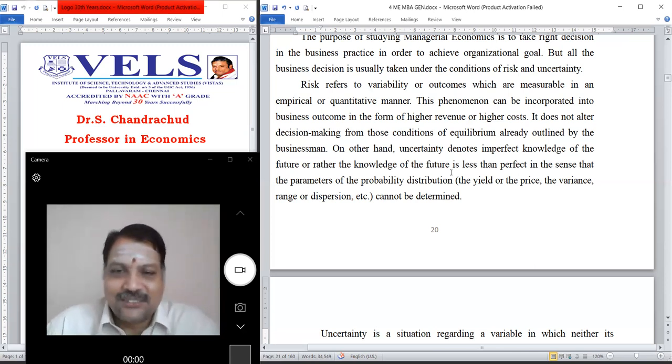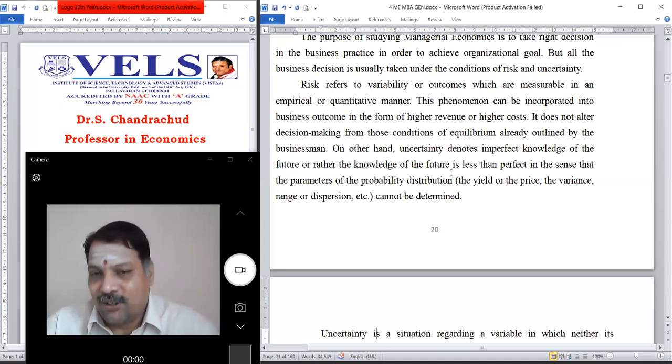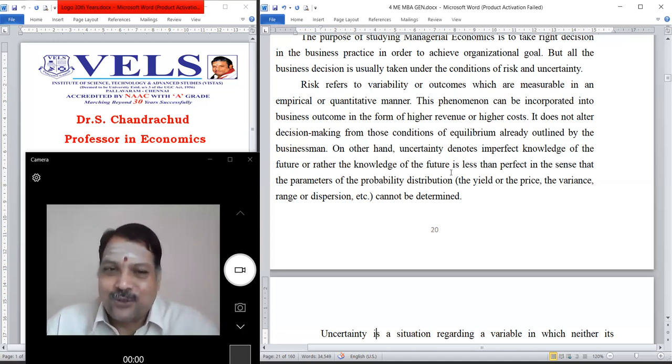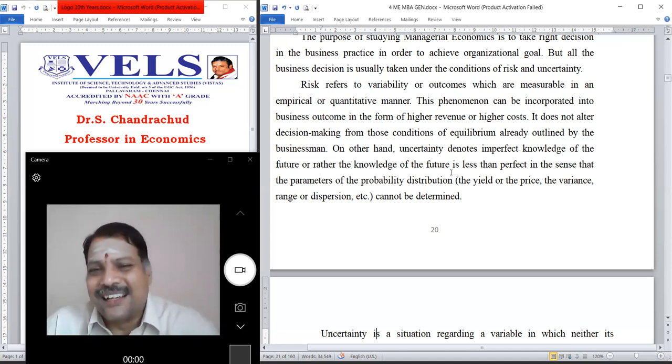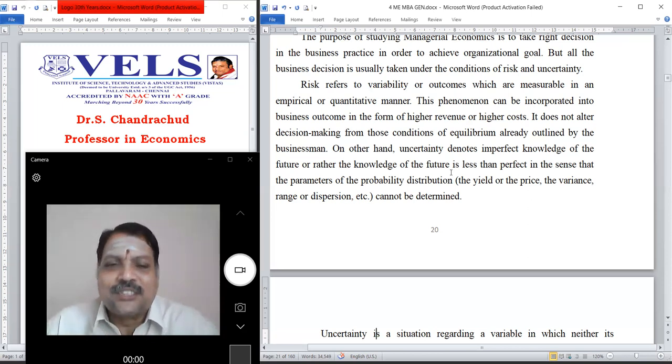This is one side. The other side is uncertainty. Uncertainty denotes an imperfect knowledge of the future, or rather the knowledge of the future is less perfect, in the sense that the parameters of the probability distribution, that is, what will be the future price, what is the actual yield, what will be the output, are not known.